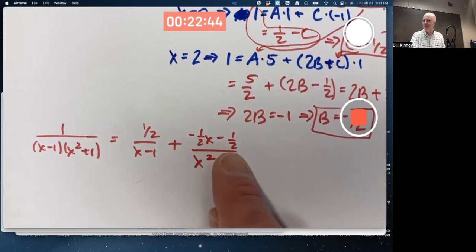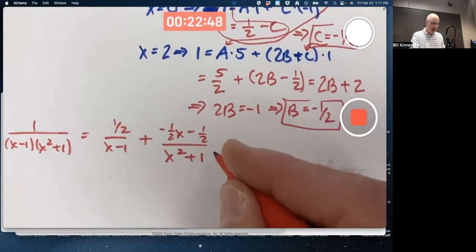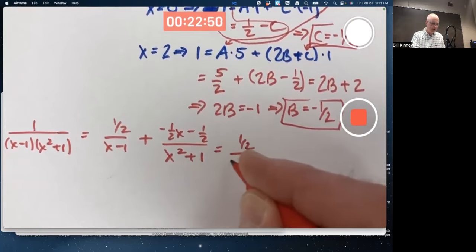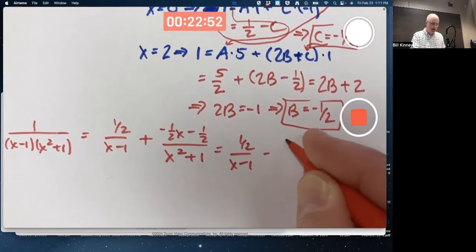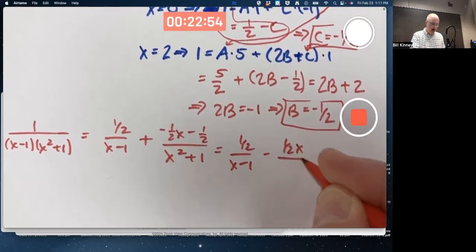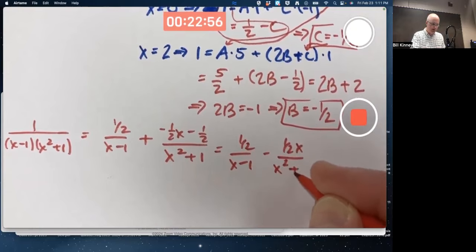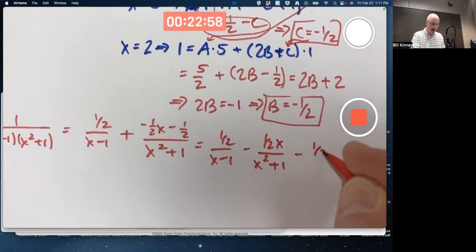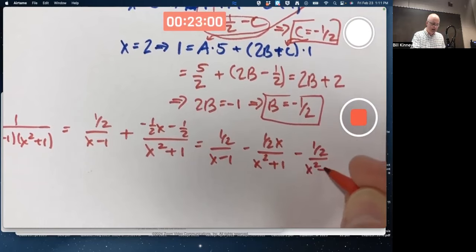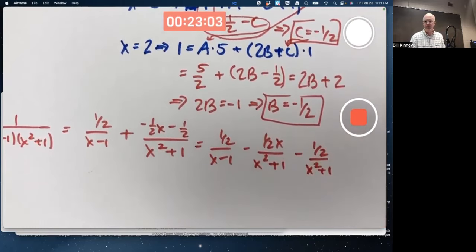There's this extra constant. It's going to be worthwhile to break that fraction into more pieces. I'm no longer doing partial fractions, but this is still helpful. Like that. And that's what I want to integrate.